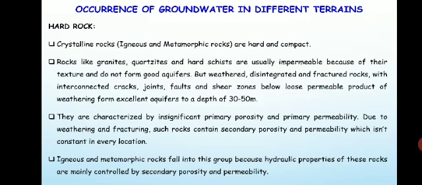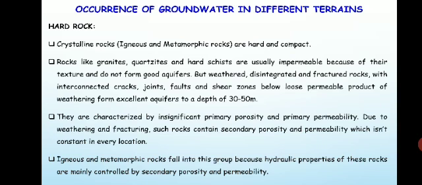They are characterized by insignificant primary porosity. The primary porosity is the porosity which is there from the formation of the rock, from the beginning. But in such hard rocks, the primary porosity will be absent, and even the primary permeability. Pores means openings, and when these pores are interconnected and water flows through them, we call it permeability.